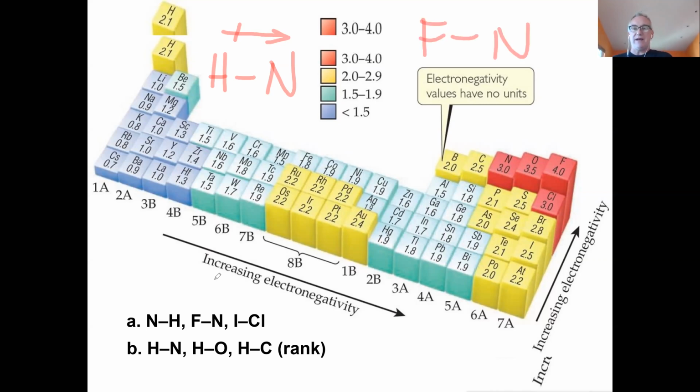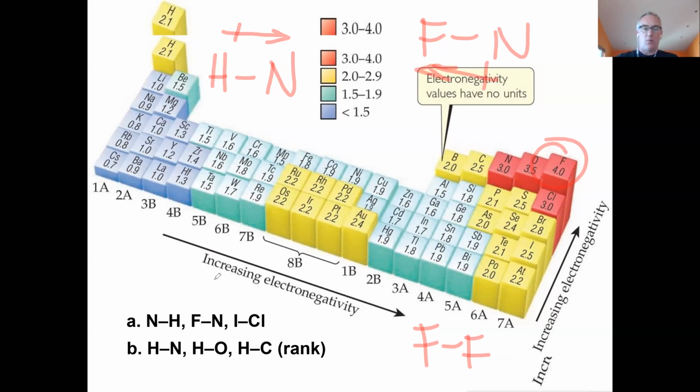So what about a fluoro-nitrogen bond? Which direction should that be pointing in? Toward fluorine. And that's kind of an easy one. It always points towards fluorine because ain't nobody more electronegative than fluorine. The only time it doesn't point towards fluorine is when you have fluorine gas. Every other time it's bound to anything, it's going to point towards fluorine.